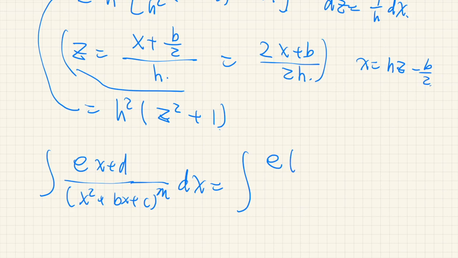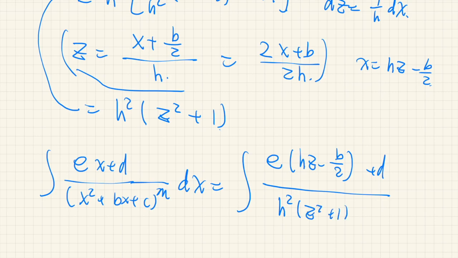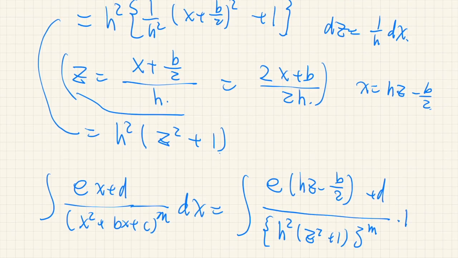So it's e times (hz minus b over 2) plus d, over (h squared times (z squared plus 1)) to the power of m, and dx is h dz.